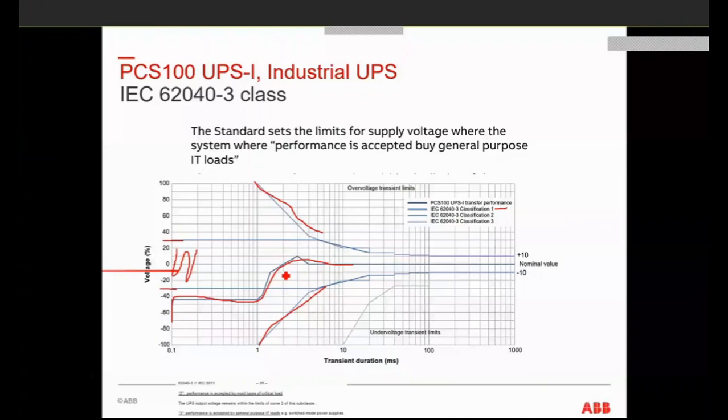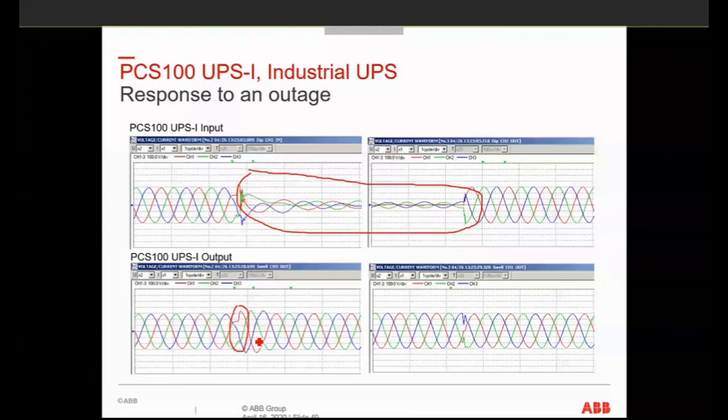In the standard offering of our PCS 100 UPSI, we have up to 2.4 MVA of system. For the batteries, this is 30 seconds, and if you want an extended time, we can extend it up to 500 seconds. The lifespan of this one is 10 years.